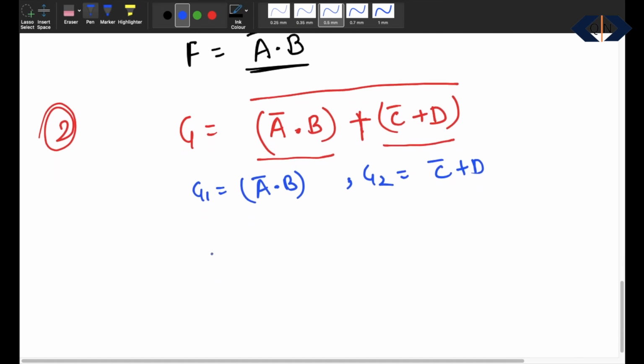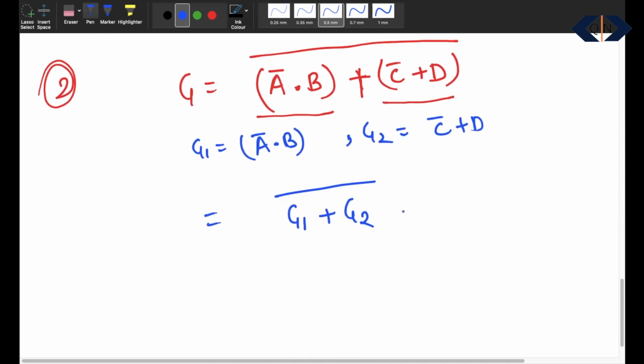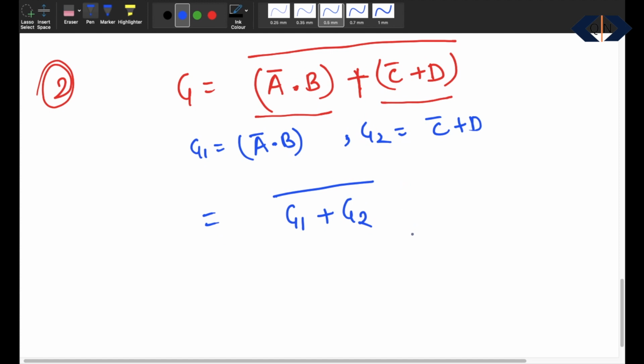So our equation will become (G1 plus G2) whole bar, right? Now here we can see it is similar to De Morgan's second law, which is basically for the OR operation.